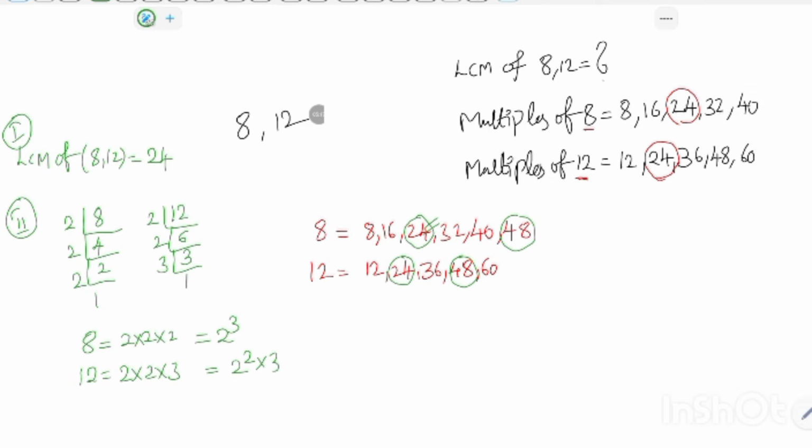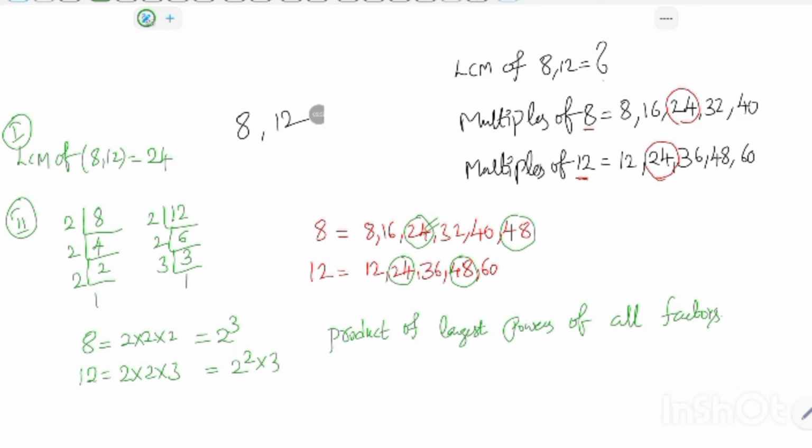Now how can you find the LCM in this prime factorization method? Here I am writing the statement to find the LCM using the factorization method: product of largest powers of all factors, or prime factors.